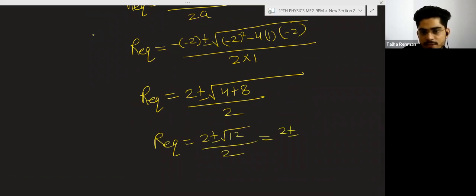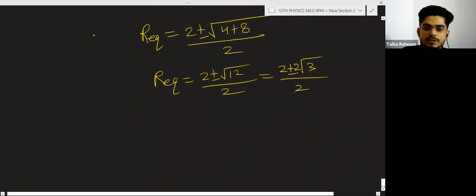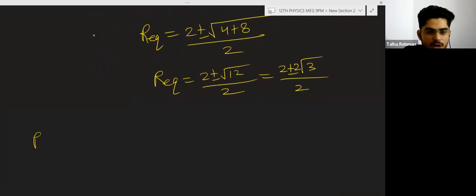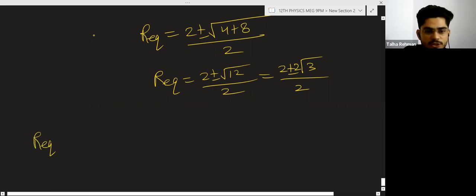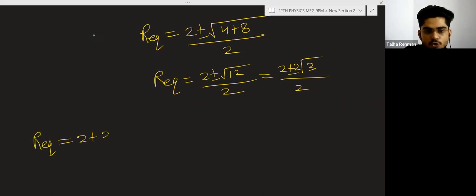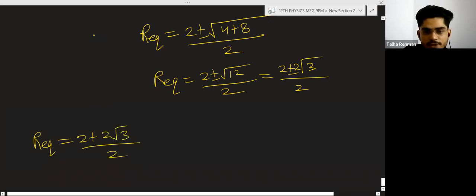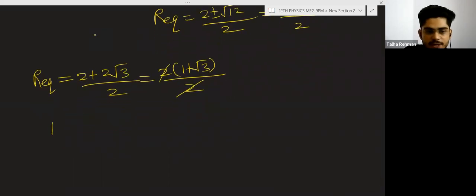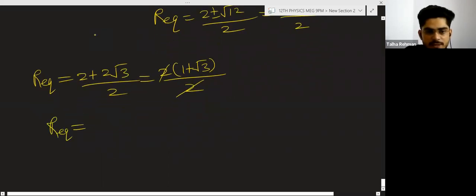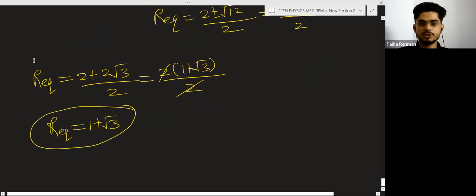You can write this as 2 root 3 divided by 2. For R equivalent, you will take the positive sign. So you will write 2 plus 2 root 3 divided by 2. Now take 2 common, you get 1 plus root 3 divided by 2. Now 2 and 2 cancel. R equivalent, you will get the answer, 1 plus root 3.